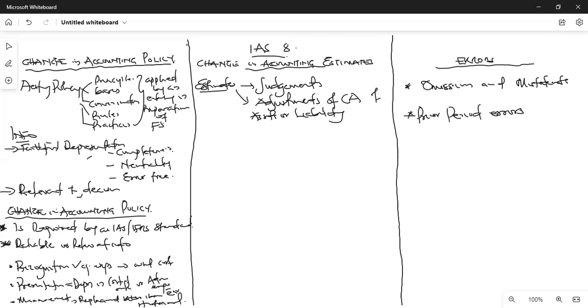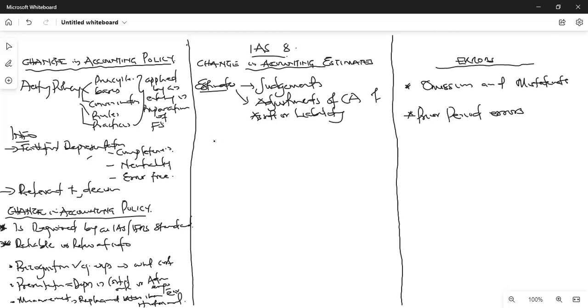So there are errors that you might not see last year that you only come into this year to see, when the accounts have already been published. What do you do? How do you correct the errors? All right, so we'll come back to the accounting treatments of all these three categorizations of IAS.